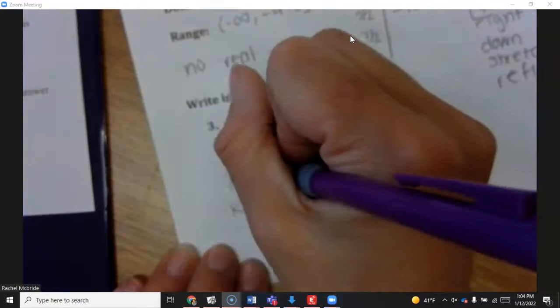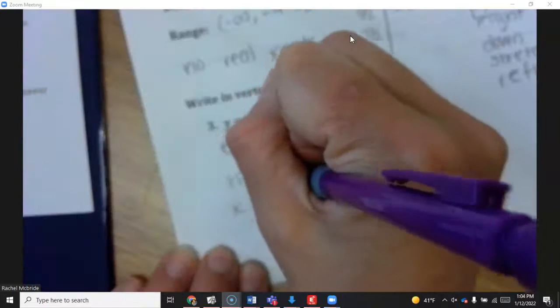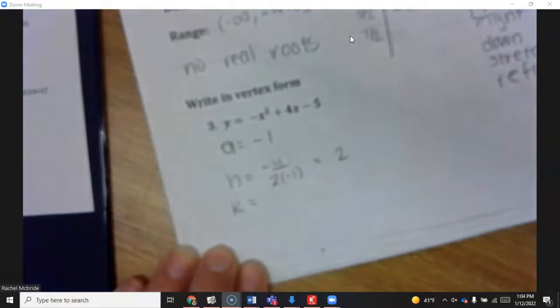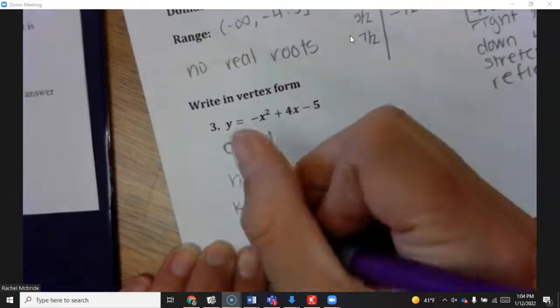H comes from my formula, and K comes from plugging into my formula.